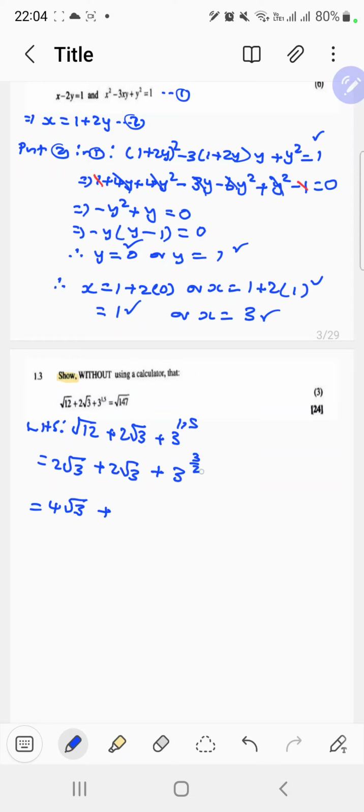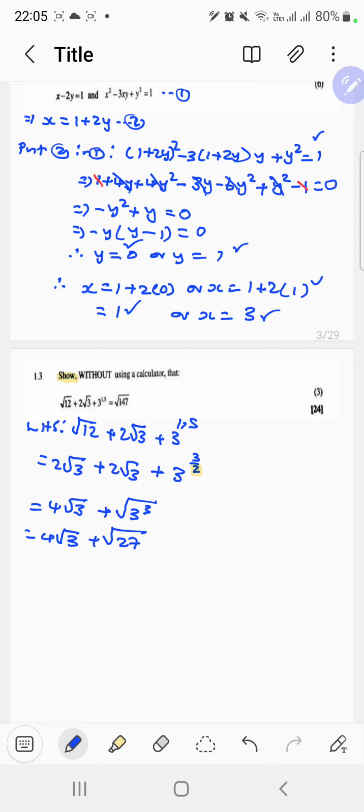Plus you change this into a surd. When you do that, what is on the denominator? It tells you the type of the root that you have. So it means it's the second root or the square root. So this is going to be the root of 3 cubed. So this is 4 root 3, then plus, what is that? This is the square root of 27, right?